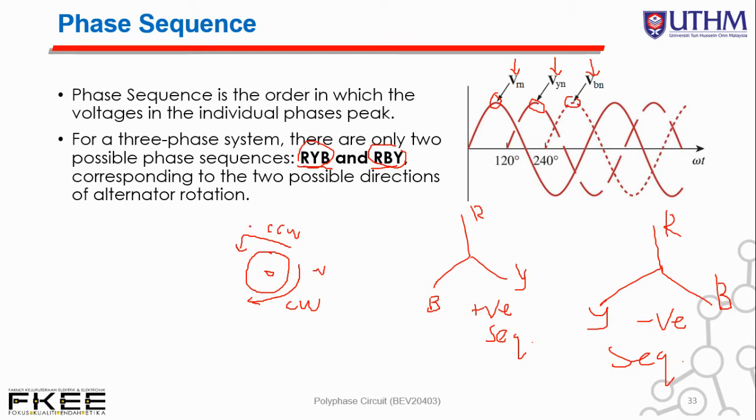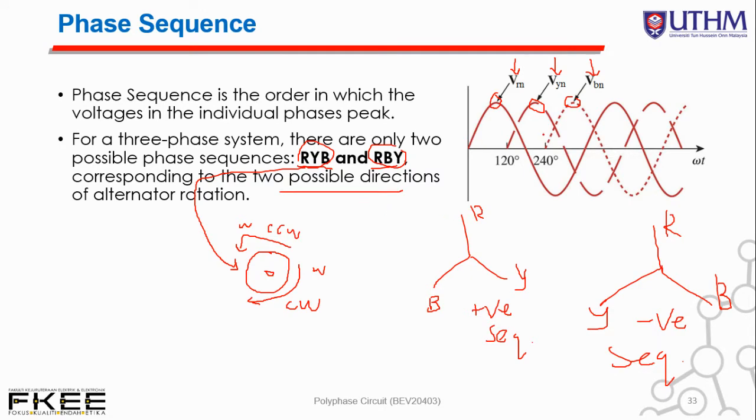The angular velocity W, for example, is the symbol for angular velocity. It may rotate counterclockwise, CCW, or in the CW direction. So these two sequences correspond to this phenomenon, two possible directions.